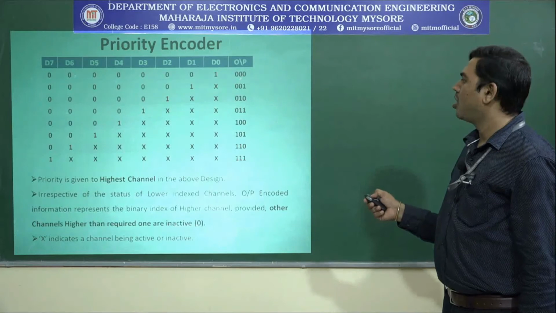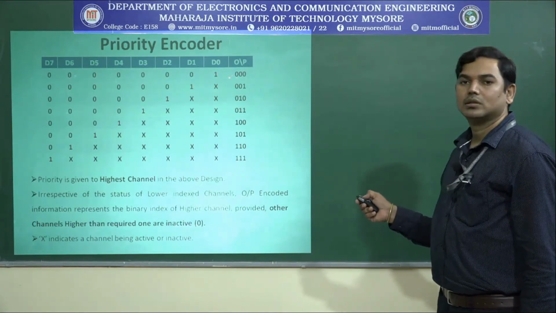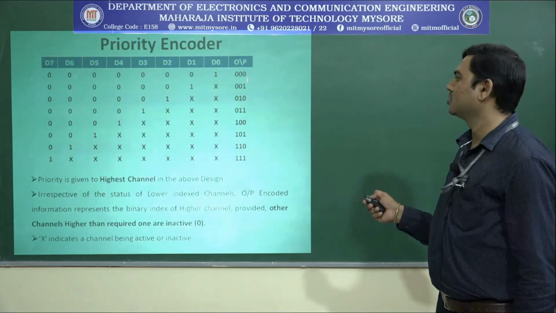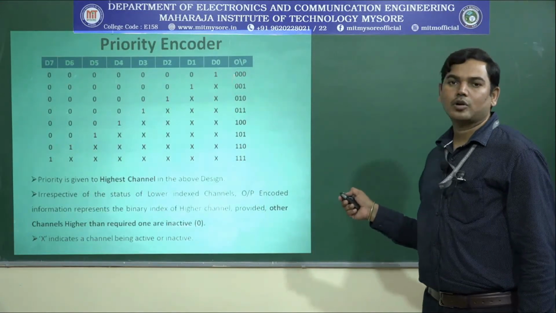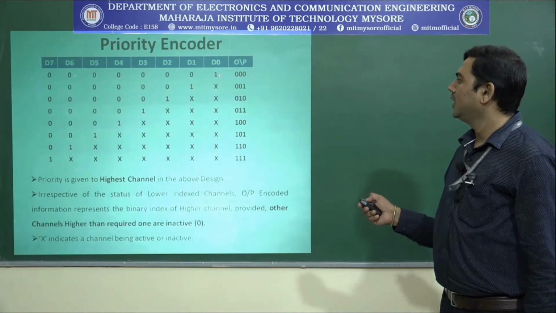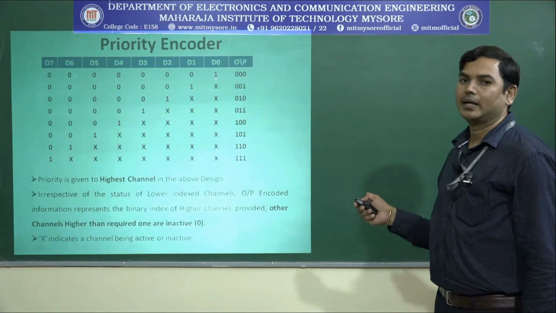If I want to see an index of 0, 0, 0 at the output of the priority encoder, then only D naught should be high.